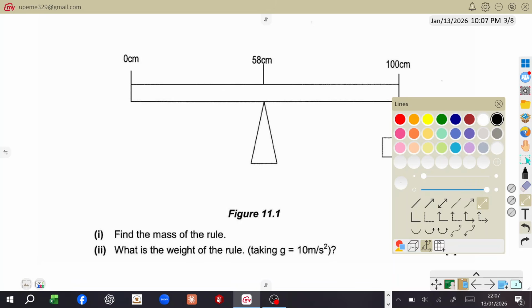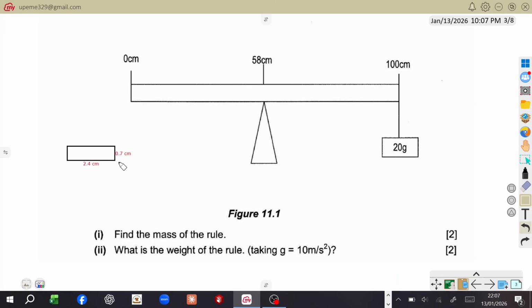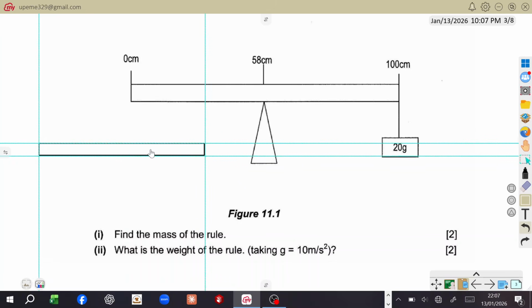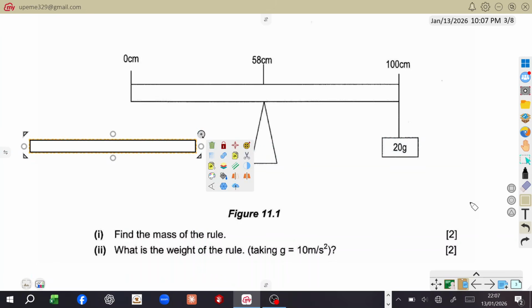So let me do this. Let me just see if this will draw. I want to duplicate the same situation here so we see.